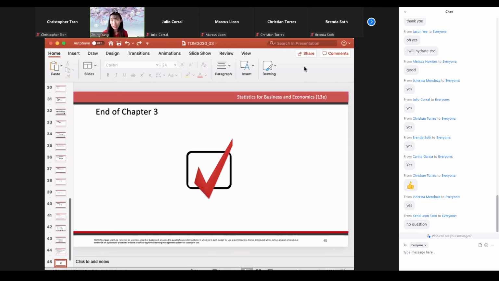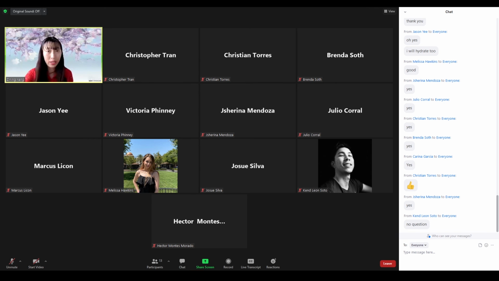That's all the key concepts we have for chapter 3. Like I said at the beginning of the class, if you have not read chapter 3, it will be very, very helpful if you could read it after class. Then take another look at the lecture notes, do the practice that I suggest, and then do the homework.